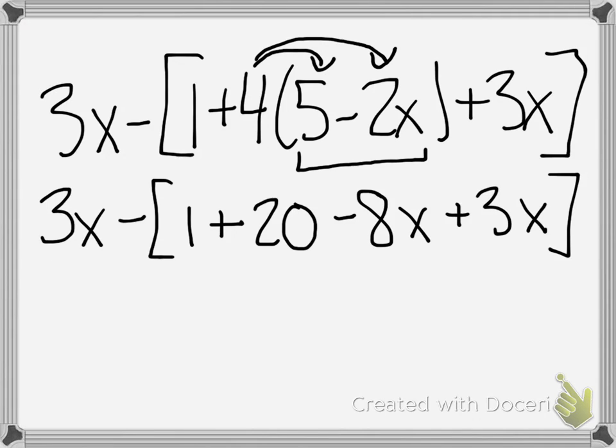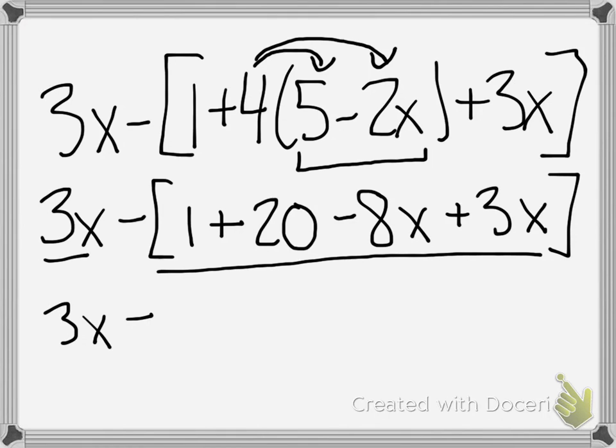Now I have one polynomial minus another polynomial. Next thing I want to do is simplify the inside of this, because that'll make my life much easier. I have 3x minus, my like terms are already clumped. I have 1 plus 20. I know what that is. Sure, that's 21. Minus 8x plus 3 minus 5x.